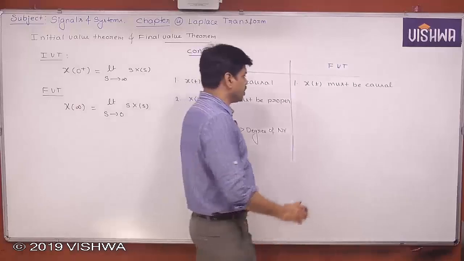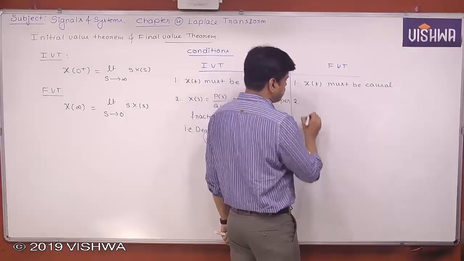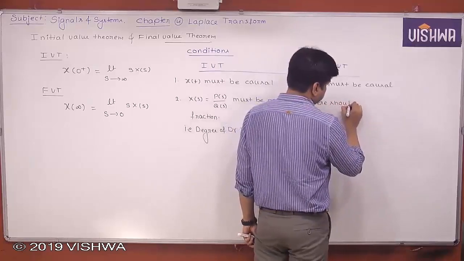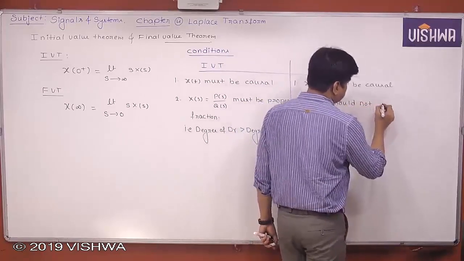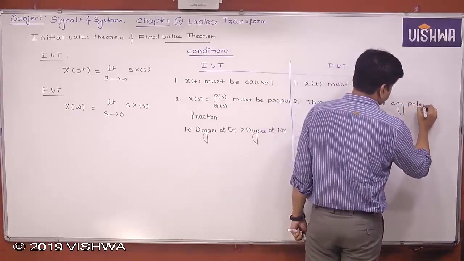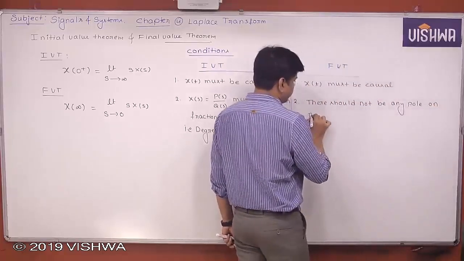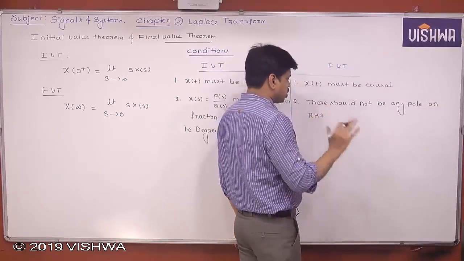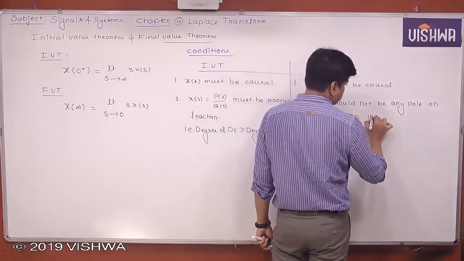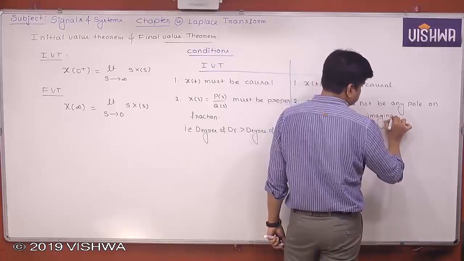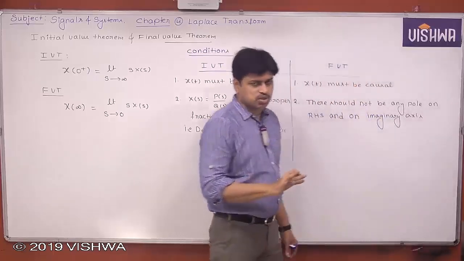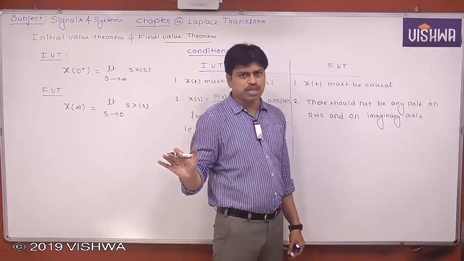Next, the final value theorem. The second condition in the final value theorem is that there should not be any pole on the right half of the s plane, and also none on the imaginary axis. So on the imaginary axis and on the right half of the s plane there should not be any pole.